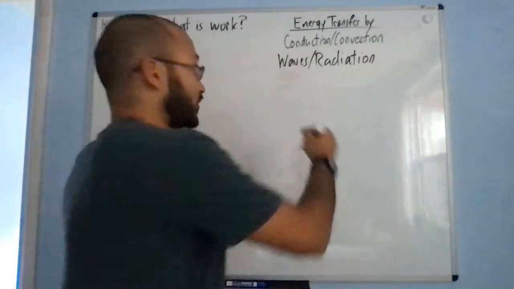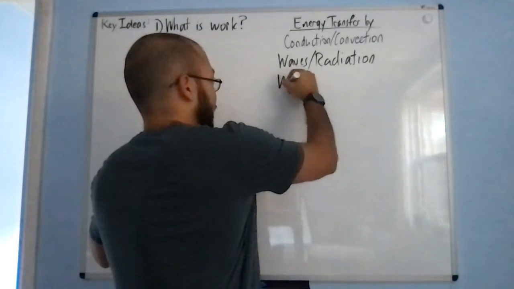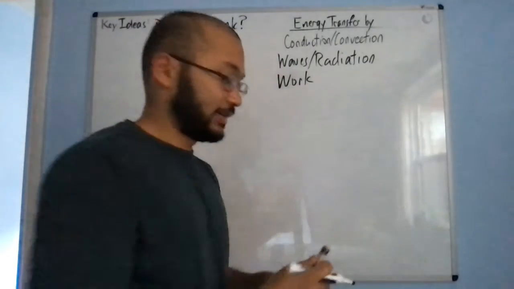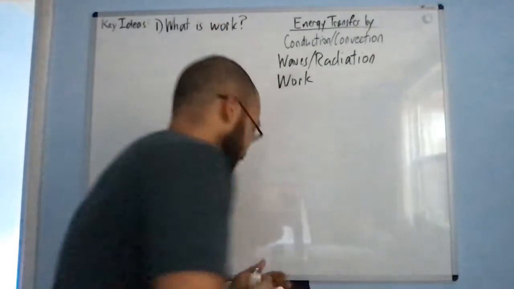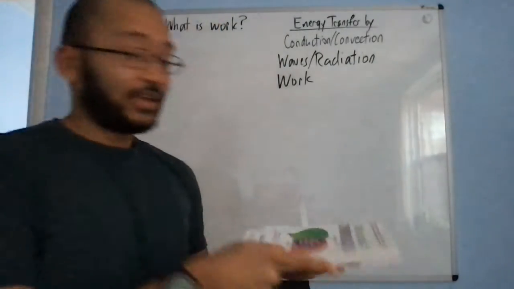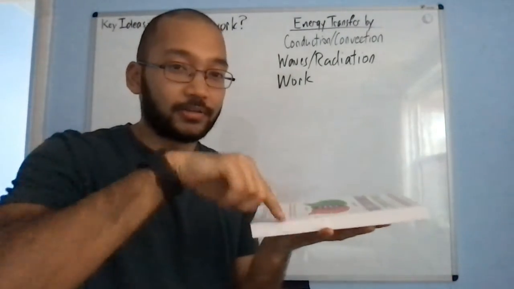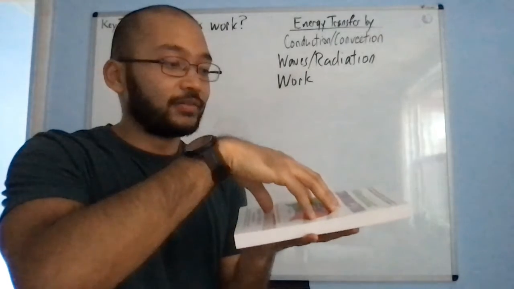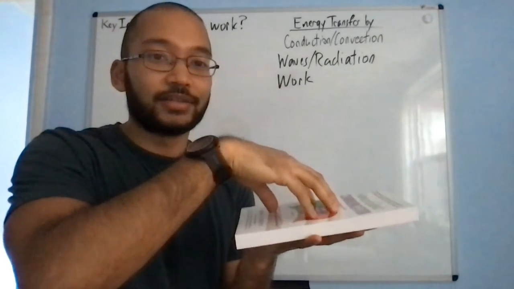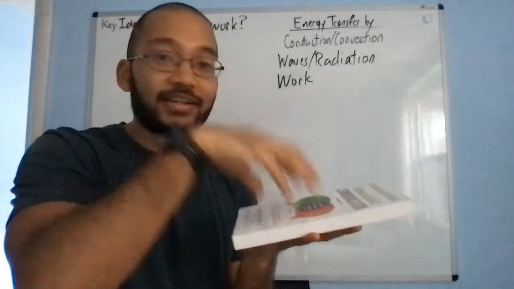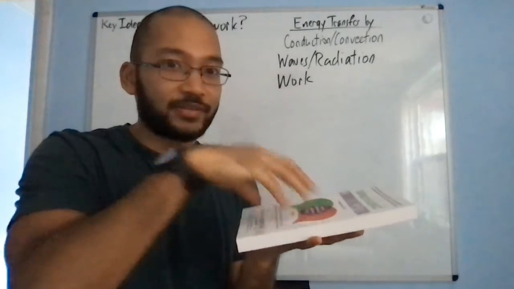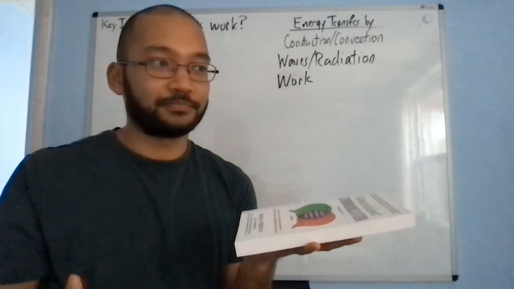Okay, so the main one is work. And let me return to my example. I can transfer energy to the system. Again, the system is just the book. So the only kind of energy this thing can have, if it's just the book, is kinetic energy. So you can ask yourself, how can I give this kinetic energy?